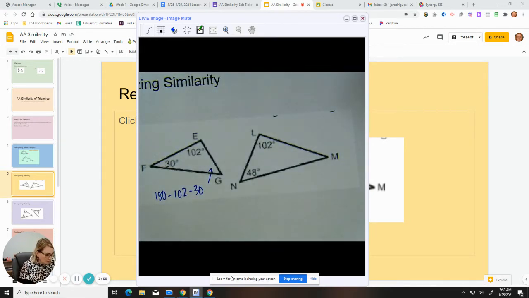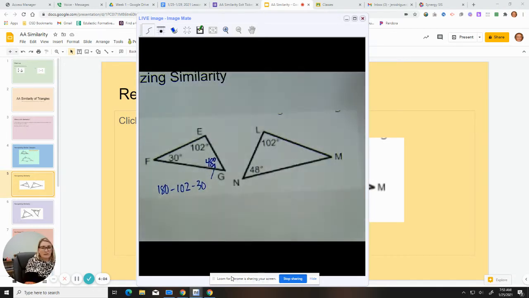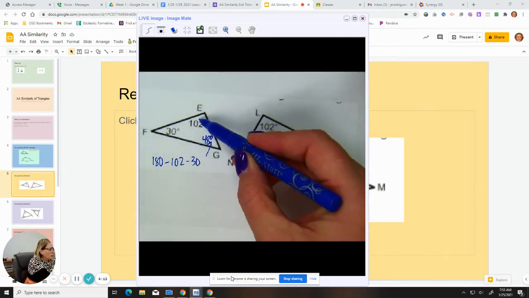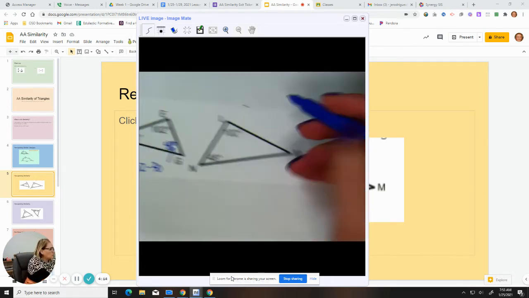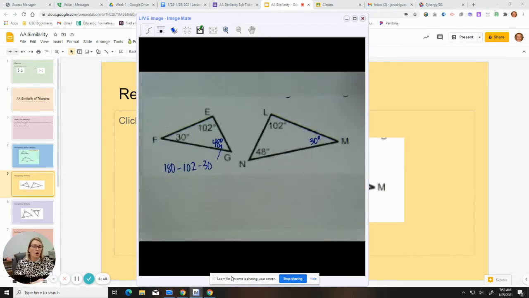So if I take 180, I subtract 102, I subtract 30, I find that this angle is 48 degrees. Okay, so you can already tell that these are going to be similar because we have a 102, we have a 48, which means this has to be a 30, which means all angles are equal. So these are similar triangles.